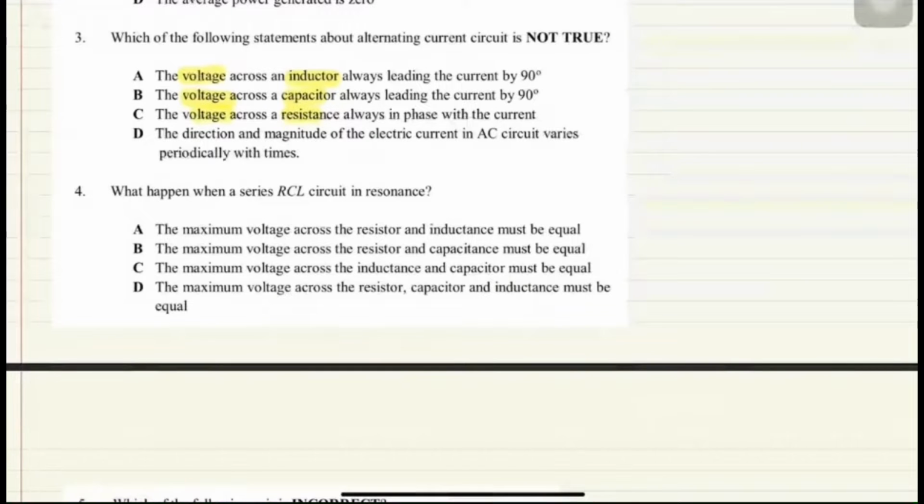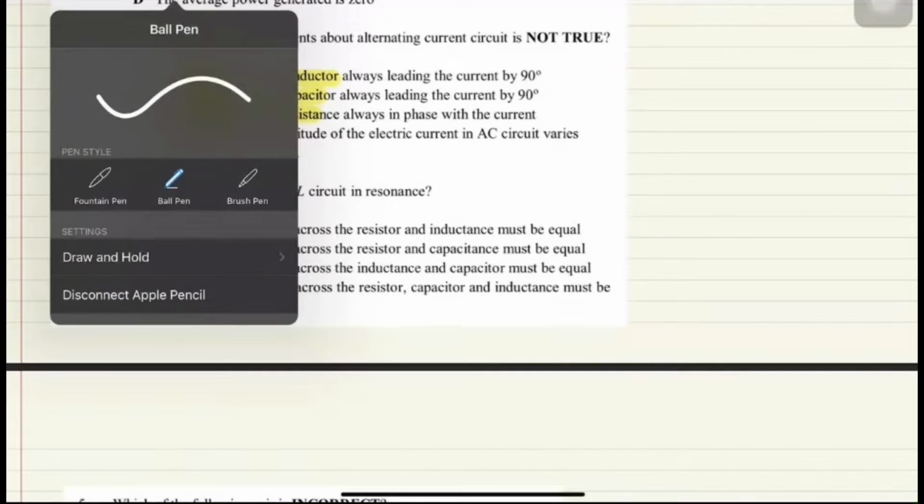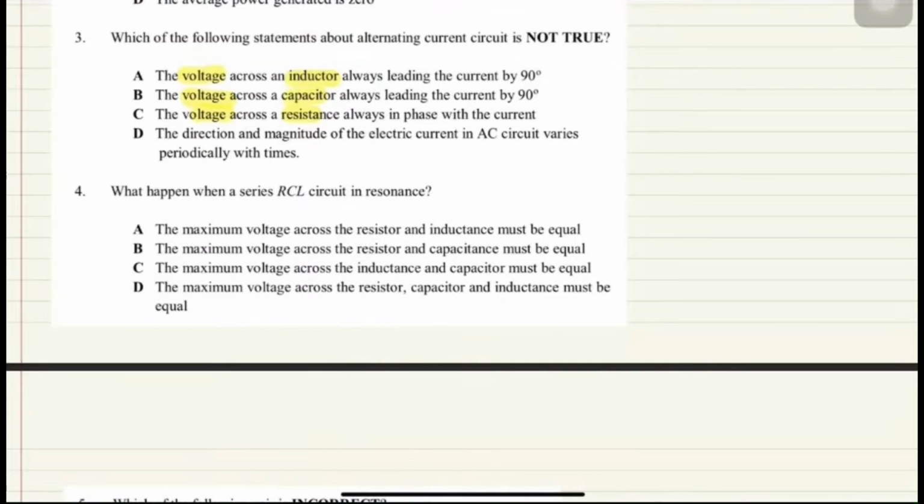Okay, so to check A, B or C, basically you have to draw the phasor diagram. Do you guys still remember the phasor diagram?